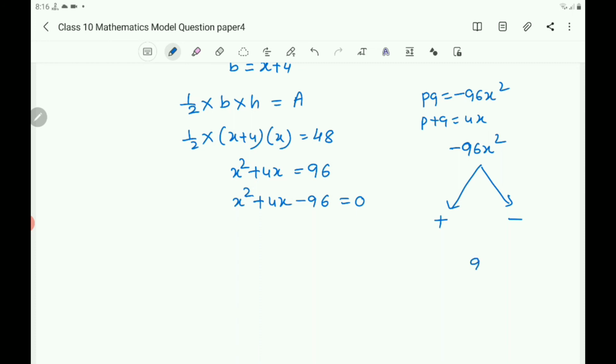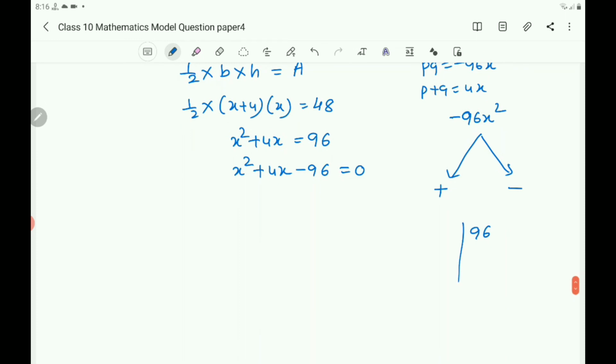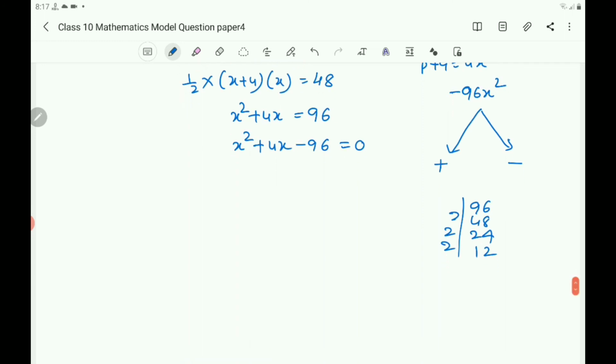So you factorize it. 96, 2 48s, 2 24s, 2 12s, and here you can get 8. Here it is 12. So you can get 12 8s are 96. This is 12x. This is 8x. So 12x minus 8x is 4x you will have, and 12x into minus 8x is minus 96x square.